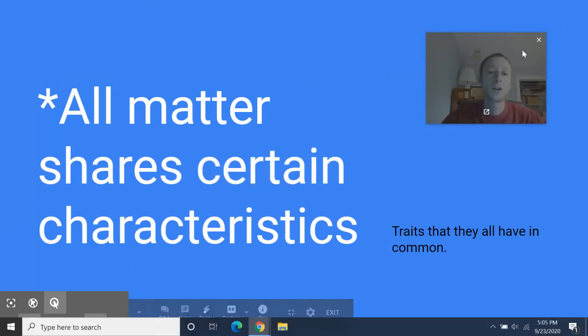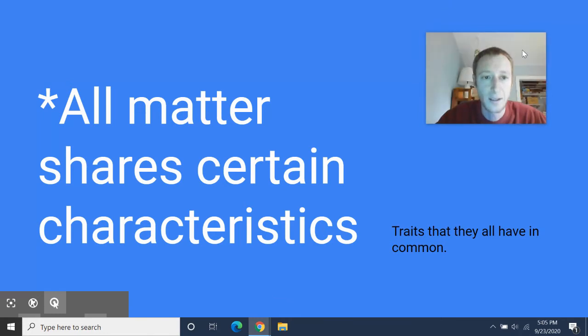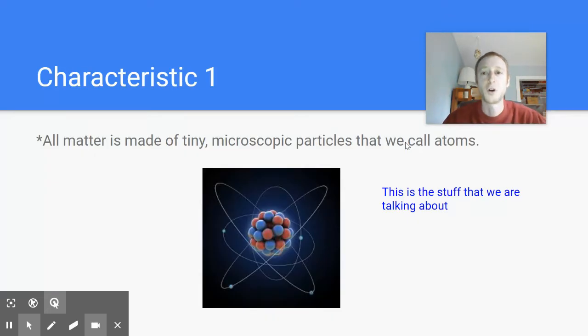So all matter shares certain characteristics. This is going to go in your characteristics box, and this basically refers to traits that the matter has. What does all matter have in common? So first of all, matter is made of tiny microscopic particles that we call atoms, right? This is the stuff we're talking about. All matter is made of stuff.